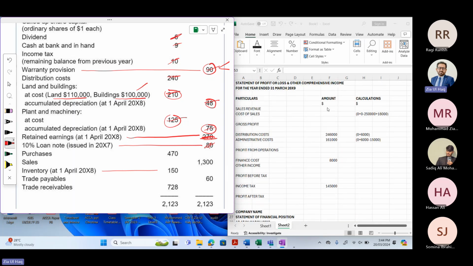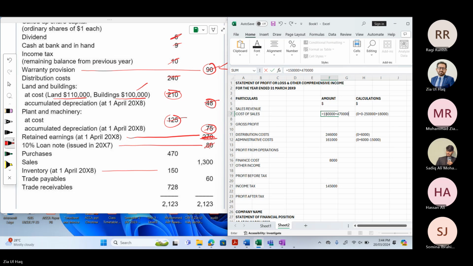Purchases are 470. So here, is there opening inventory available? Yes, opening inventory is also available. So we can put an equal sign. Opening inventory is 150,000. Add purchases of 470,000. And we need to deduct 250,000, which relates to closing inventory.